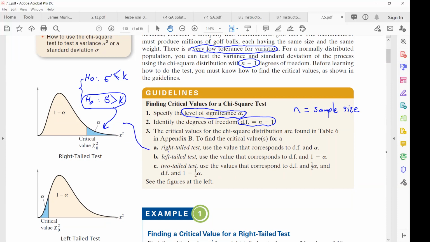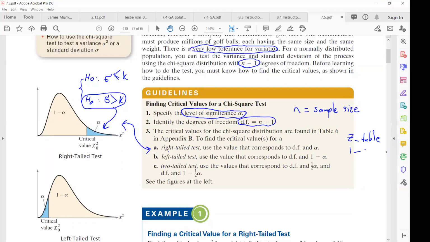In this case, to find the critical value, use the value that corresponds to degrees of freedom and alpha. You don't have to do any algebra. Guys, remember when it comes to the z-table, you had to do a little bit of algebra, finding the area, then 100% minus the area.